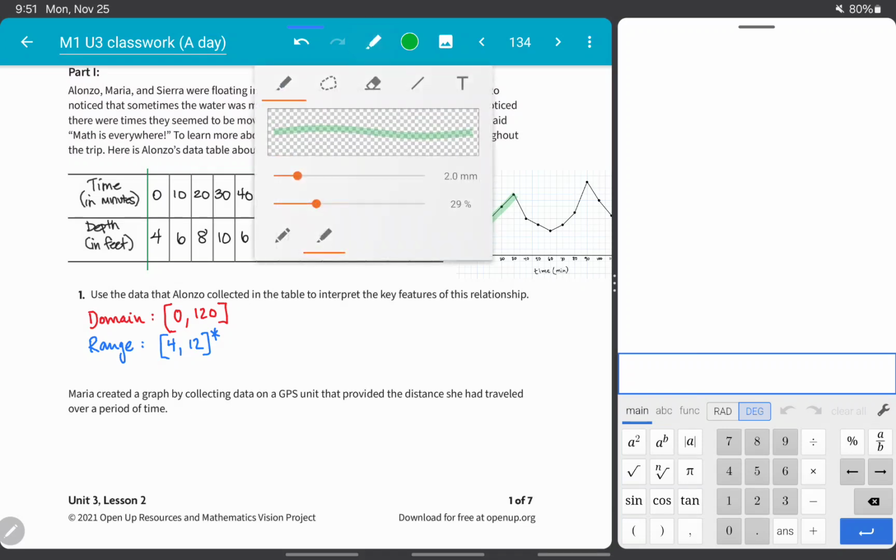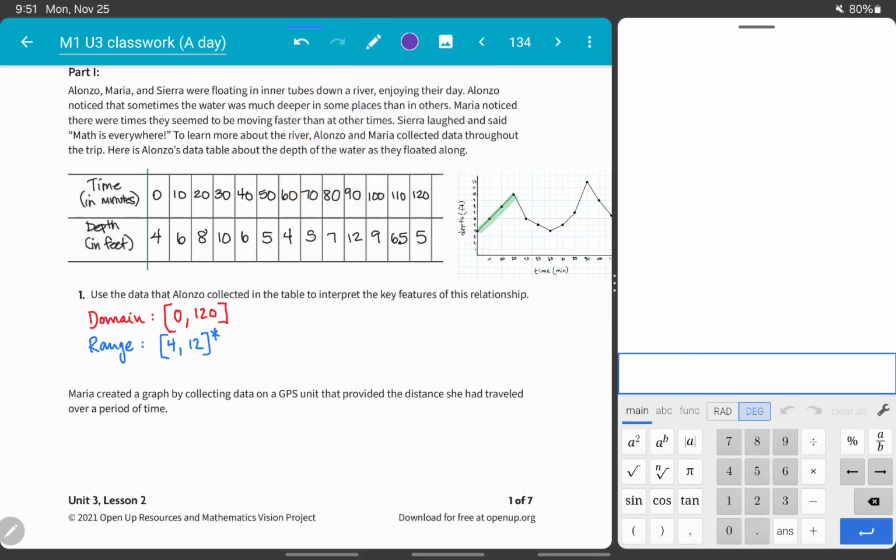So I'm going to put increasing, from 0 to 30. Now, the 0 is included, and it's increasing up to 30, but it's not really increasing at 30. So I'm going to put a little parenthesis right there.